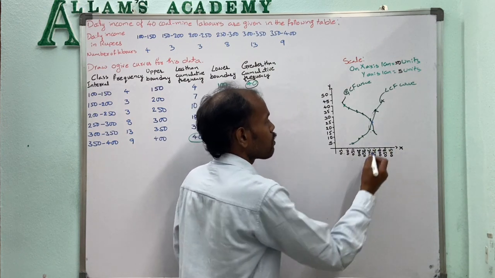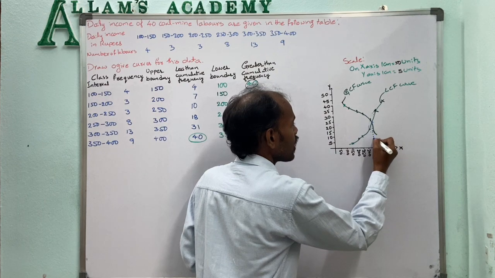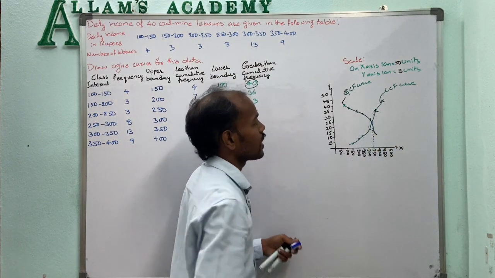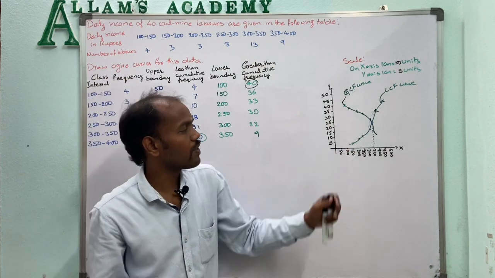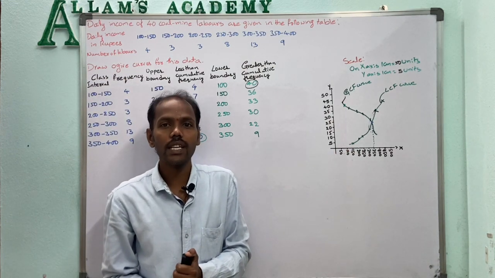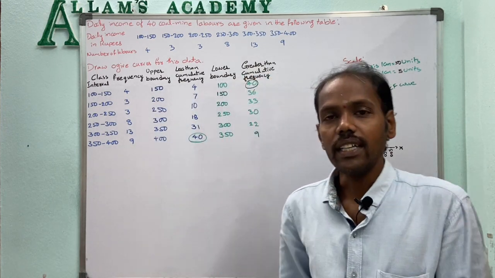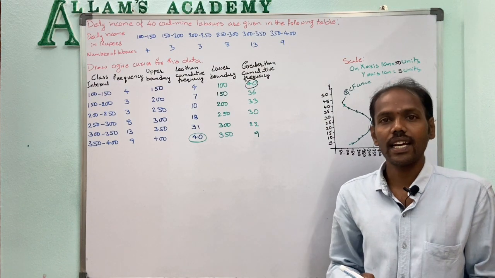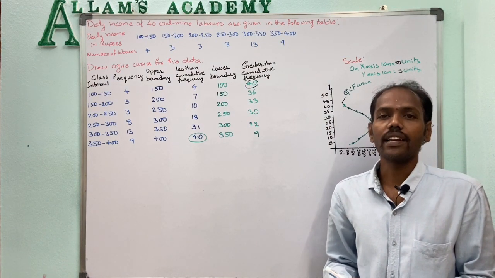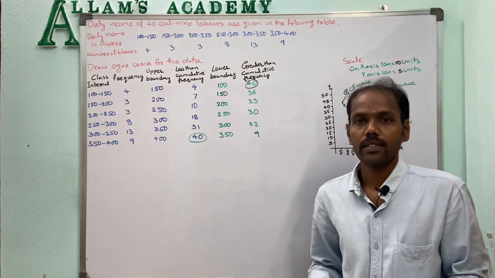From this point we draw a perpendicular line to the x axis. The point where it touches the x axis gives the median of the data. Okay, in this manner we draw the less than type and greater than type ogives. Thank you.